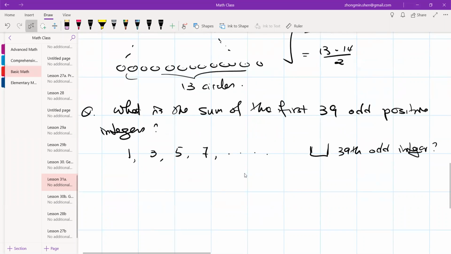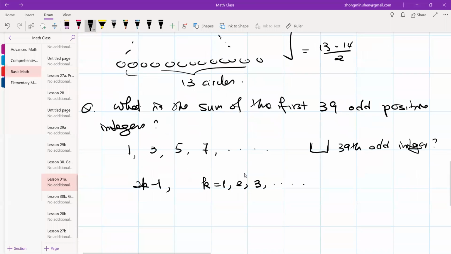Odd numbers can be expressed in the form 2k minus 1, where k could be 1, 2, 3, and so on. When you change the value of k, you get different odd numbers.